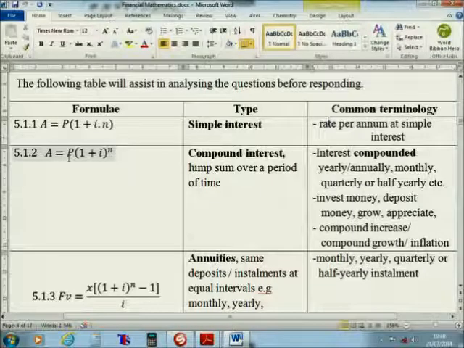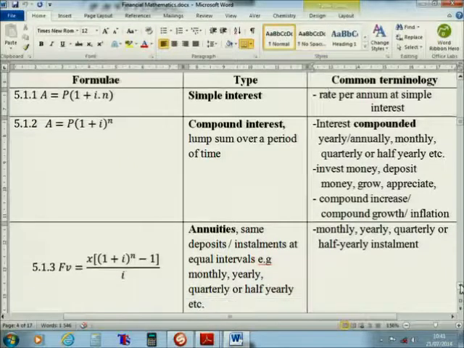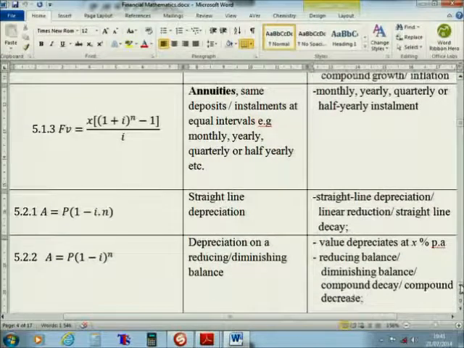But if you look at the future annuity, what is happening here? It's all about working with the installment. Each and every month you are there at the bank depositing something. But with compound interest, it's all about putting in the lump sum. You put it in once, and then you relax and wait for the period to lapse. Okay.